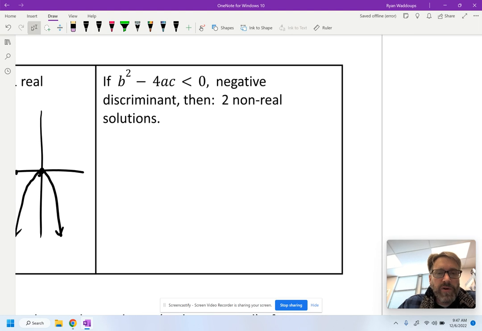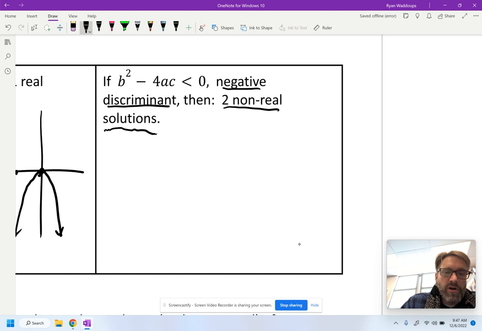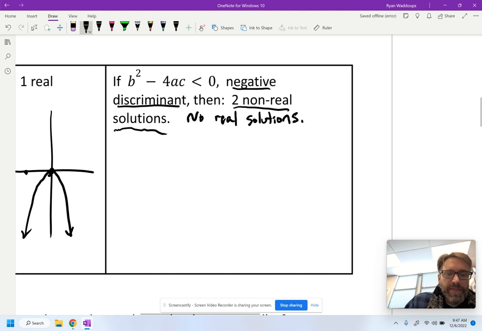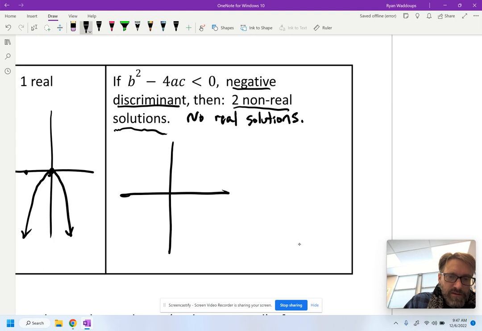And then we've got b squared minus 4ac is less than 0, and you have a negative discriminant, or negative number under the radical, and then you have two non-real solutions, or no real solutions. You do have solutions, they are just non-real solutions. And this happens when the graph of your quadratic does not touch the x-axis at all.